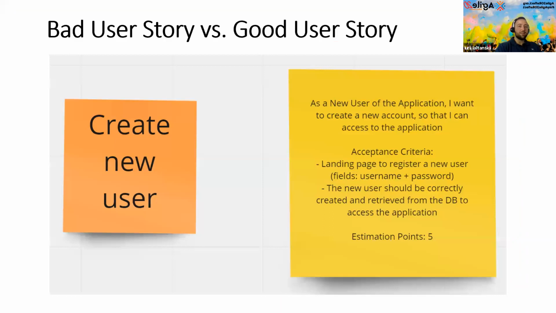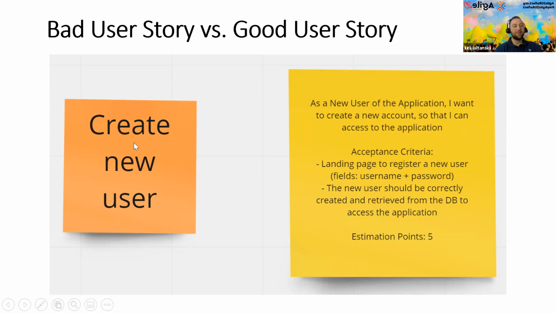Now let's compare a bad user story with a good user story, right? So here we can see in this example a bad example, right? So this story is unrefined. And here we can see a refined user story, right?